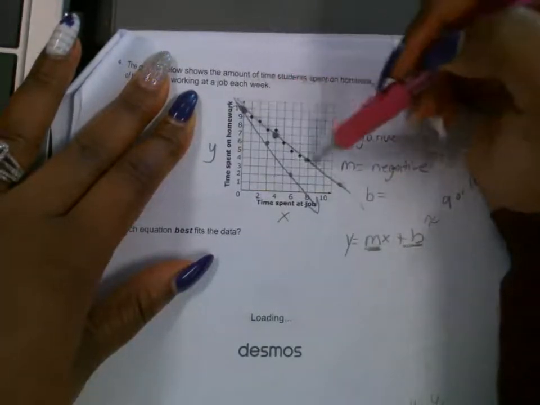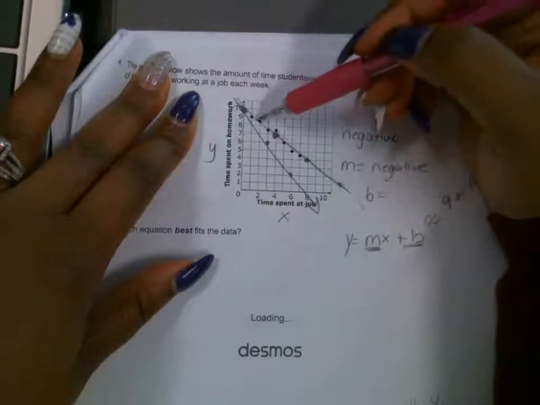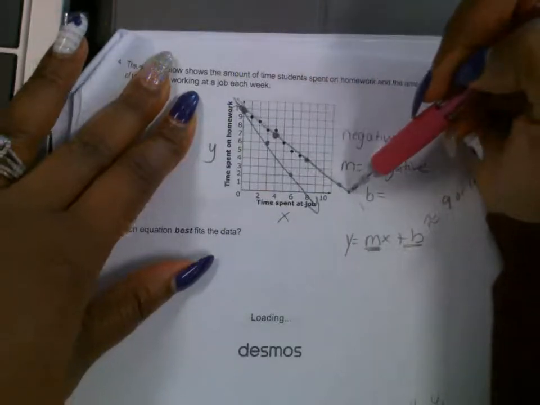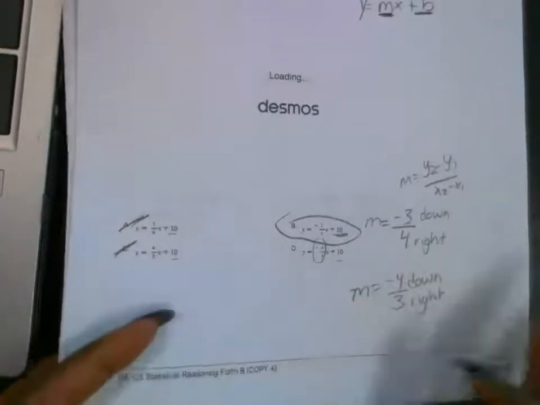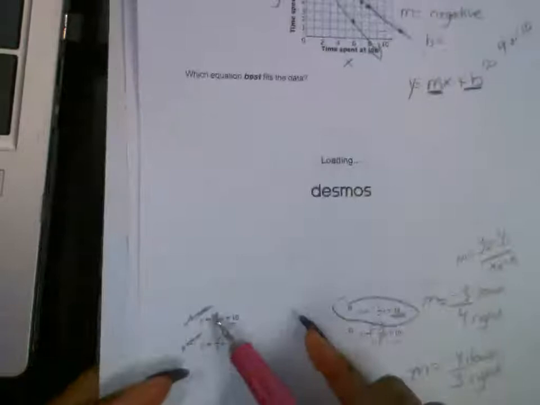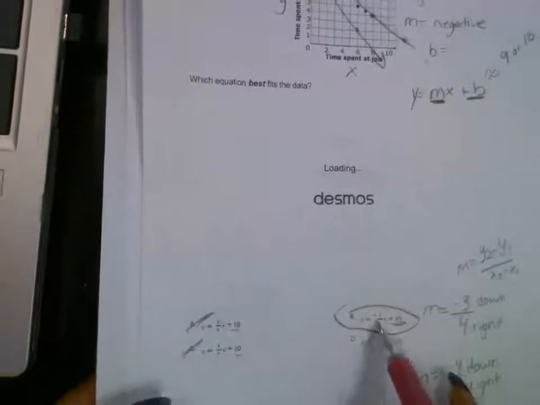And look, this line is a good line because most of the points are closer on that line. This other line that I chose, and remember the only reason why I chose these two lines to do is because these have positive slopes. And remember, this is a negative correlation, so your M should be negative, and these are positive. So it has to be either these.